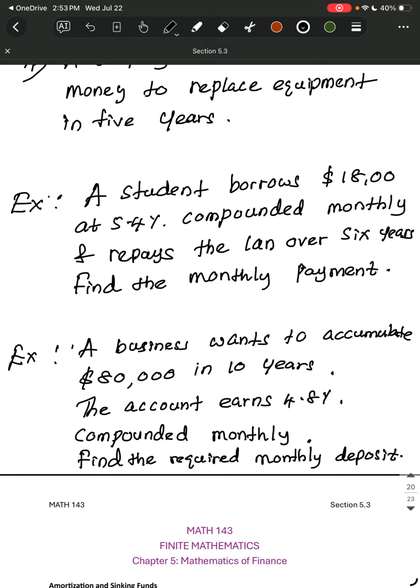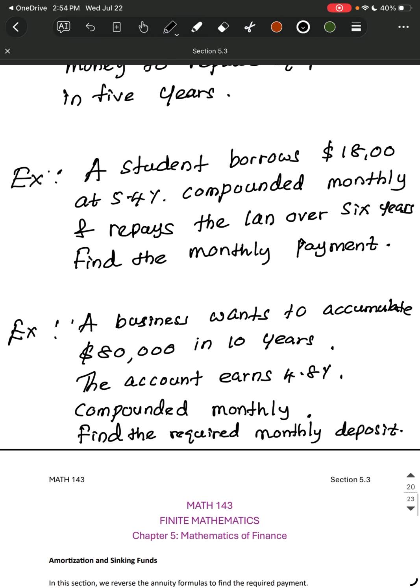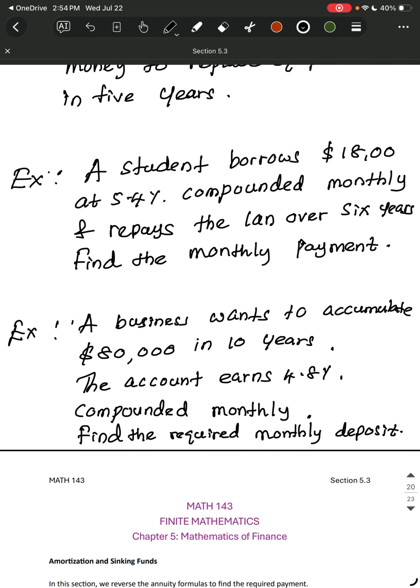Okay, let's discuss the most common mistakes students can make. Confusing present value with future value. Using the amortization formula for a savings problem. Using the sinking fund formula for loan problems.